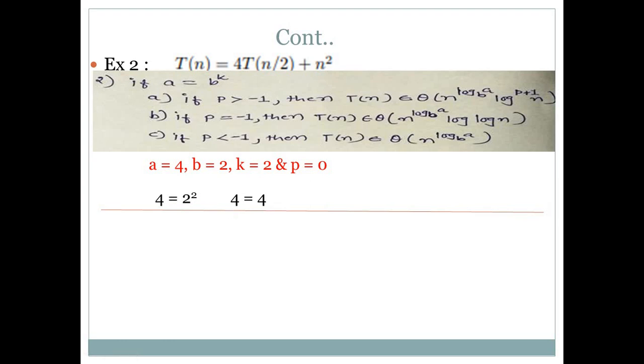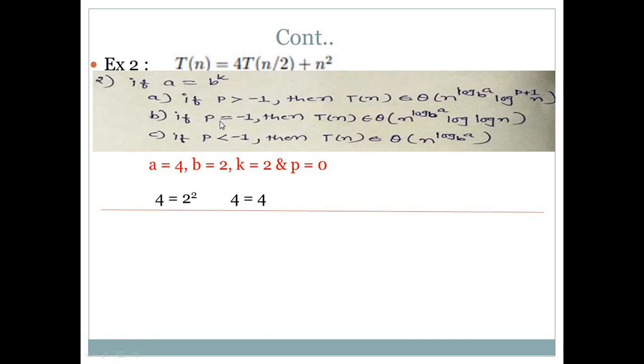But in case number 2 we have three different cases here. If our p's value is greater than -1, then our answer will be n raised to log a at the base b into log power p plus 1 n.